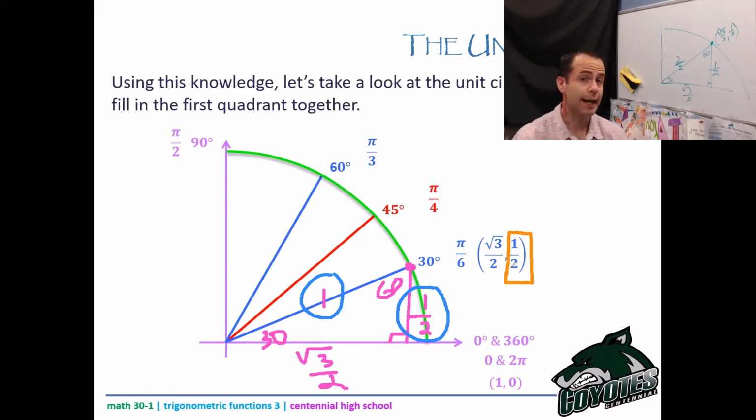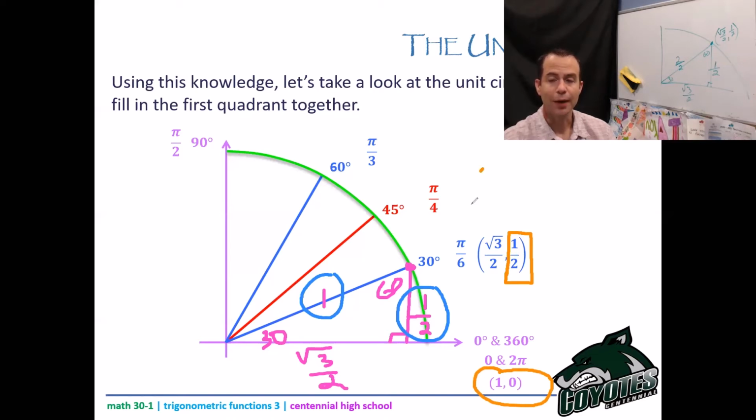And for the exact same conversation, cos would be adjacent over hypotenuse, or your x over 1. Well, x over 1 is just x, so your cos value ends up being the x value of your coordinate. Now, go test that out, because I've already written the coordinate for 0 down here. Go cos of 0 and you should get 1, and go sine of 0 and you should get 0.